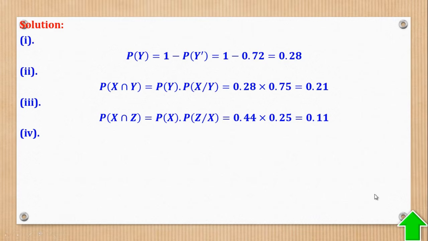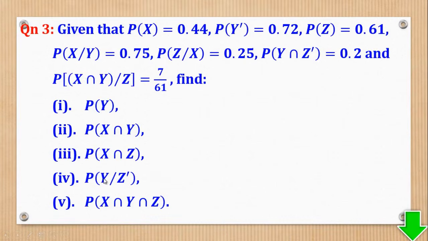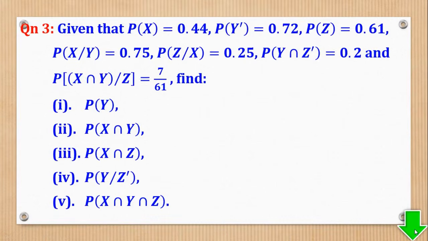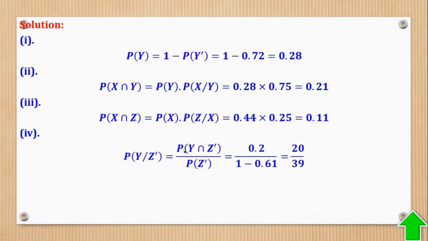Then Roman 4, Y/Z complement. The intersection is Y intersection Z complement, and what has already occurred is Z complement. So I'll substitute.